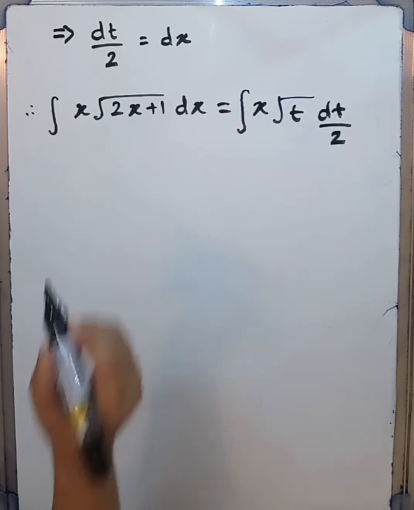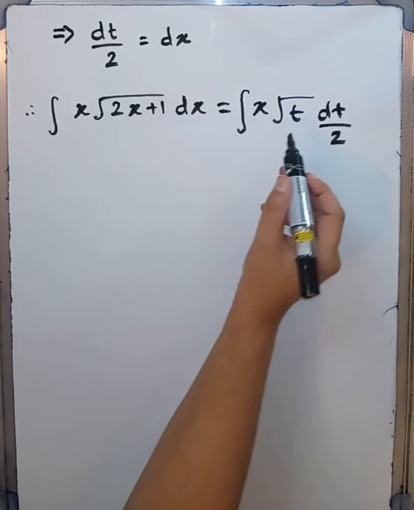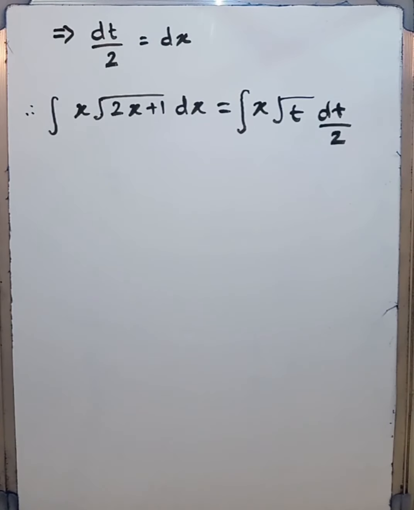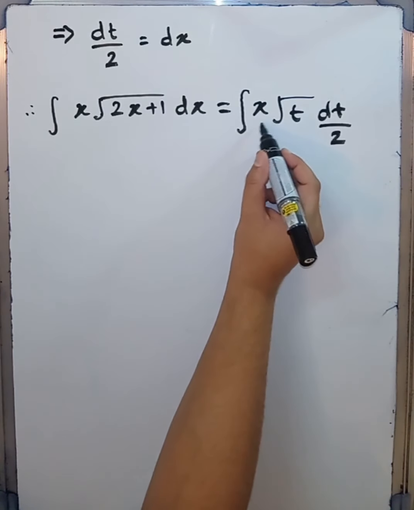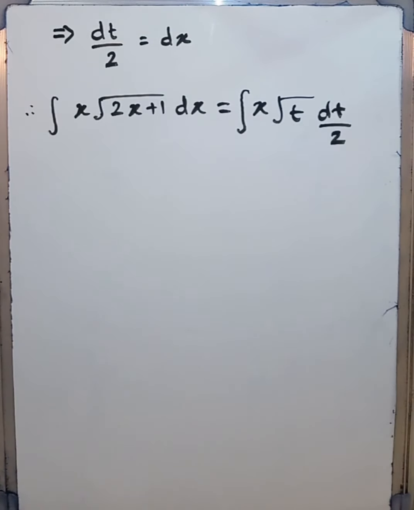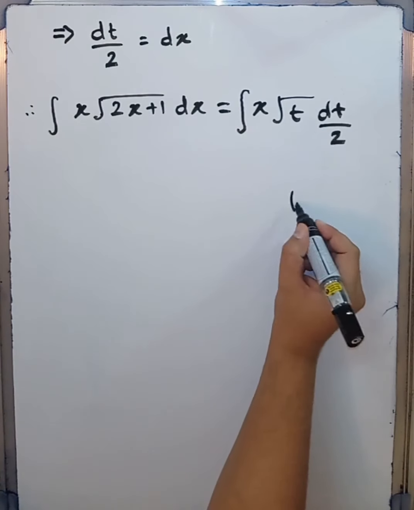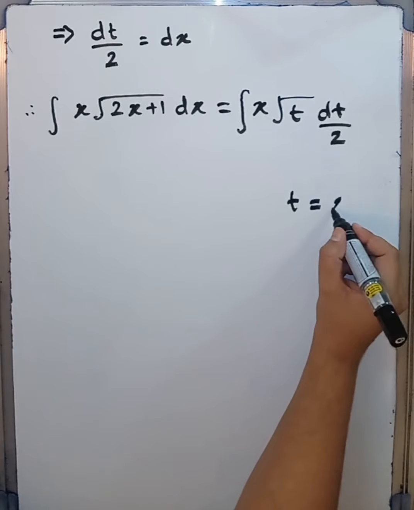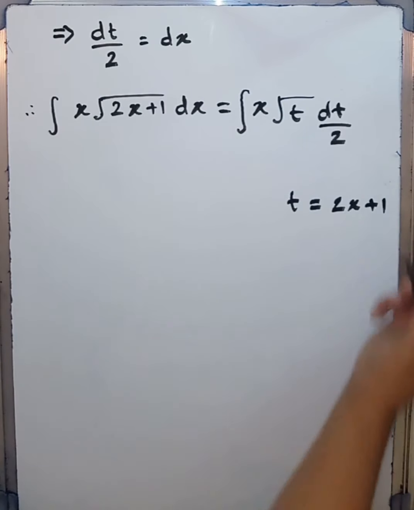So our original integral has changed to this form now, but still if you see, we have 1 x appearing in this integral, which still we need to change. So if we observe our substitution, we used t is equal to 2x plus 1.